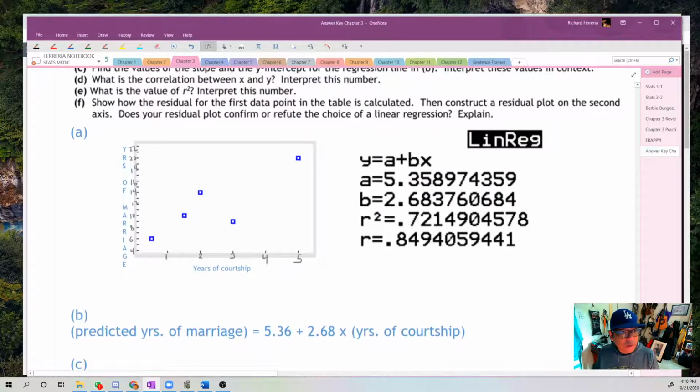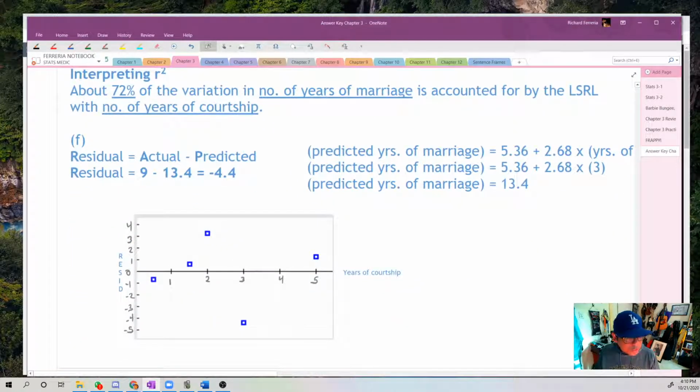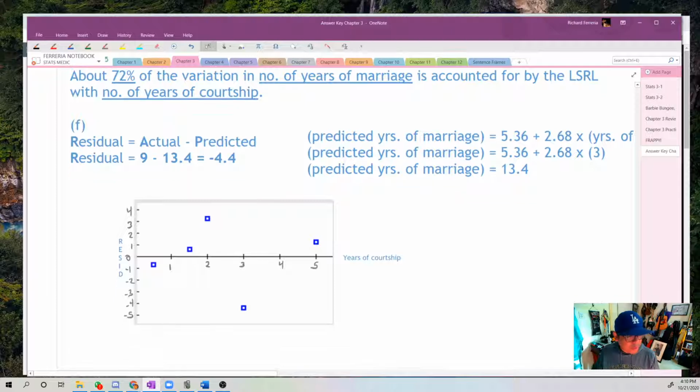Now that we have our residual plot, does a residual plot confirm or refute the choice of a linear regression? And do we see a pattern? That's the real question here. And I don't really see a pattern. Definitely I don't see a positive, negative, positive pattern. I don't see a negative, positive, negative pattern. And I don't even see the bugle pattern.